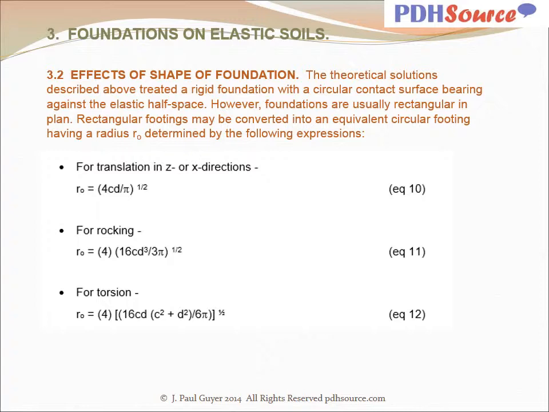However, foundations are usually rectangular in plan. Rectangular footings may be converted into an equivalent circular footing having a radius r sub o determined by the following expressions indicated on slide 17 as equation 10 for translation in z or x directions, equation 11 for rocking, and equation 12 for torsion.